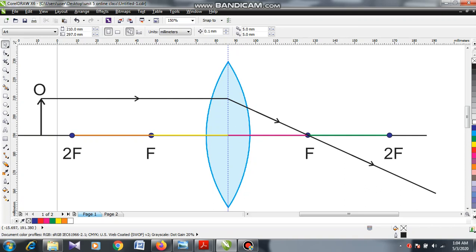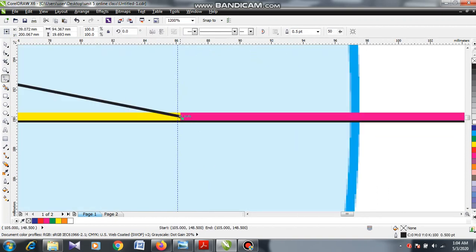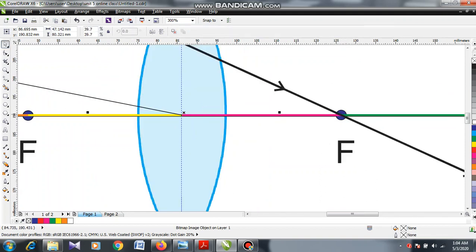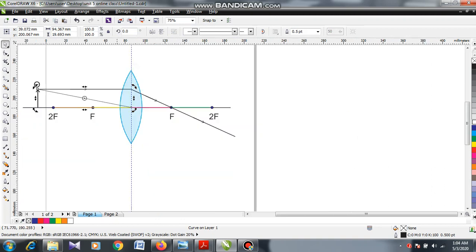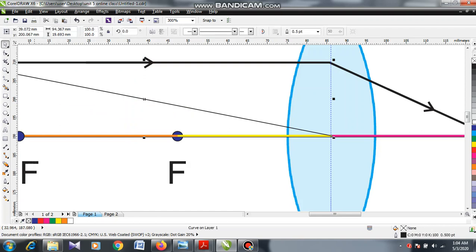Another light ray I am taking from the head and drawing up to the optical center. You children know that if a light ray is coming towards the optical center, it will be directed without any bending.